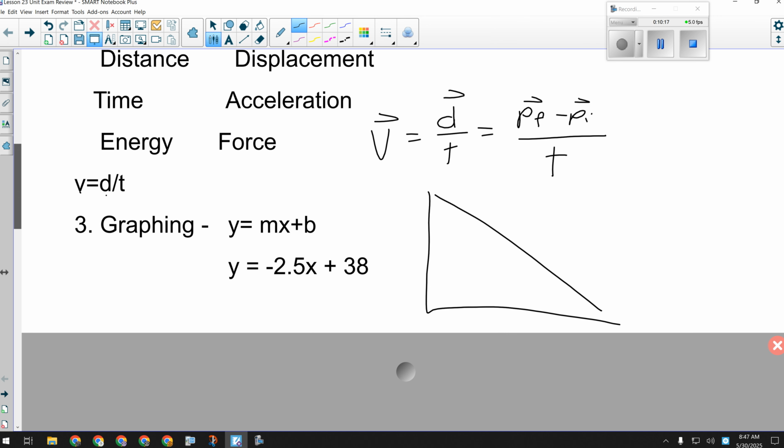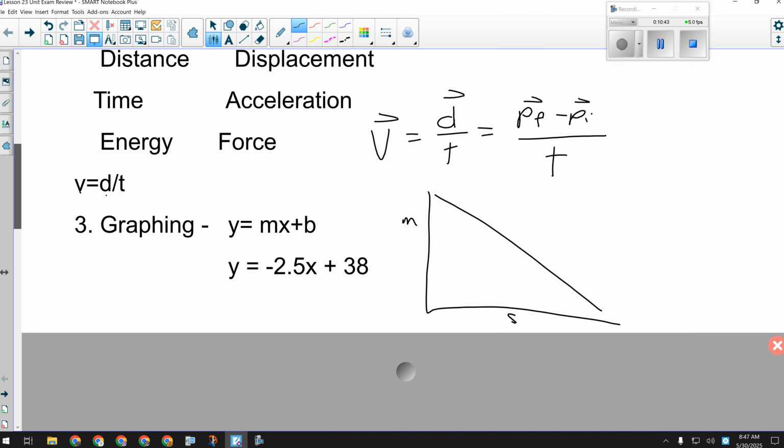Okay, now if I gave you a graph like that, maybe I would ask, let's say it's a position versus time graph. So this would be meters, this would be seconds. If I asked you to calculate where the object would be after 30 seconds, are you solving for y or x? Where the object will be after 30 seconds, y.